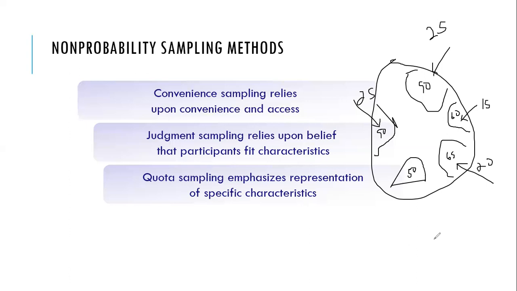And I'll assign these people 15. It will be 15, 15, 20, 25, 25. Then that will give me a total of 100. You see, when you do that, you have assigned some quota to each of the markets. You understand? Then you go ahead and sample within the markets using any other sampling method.